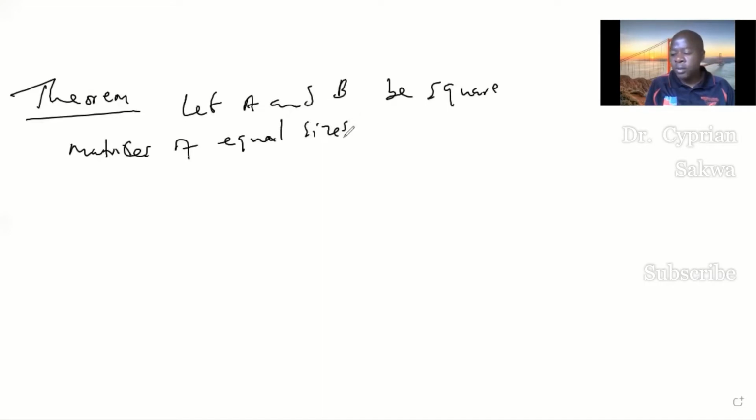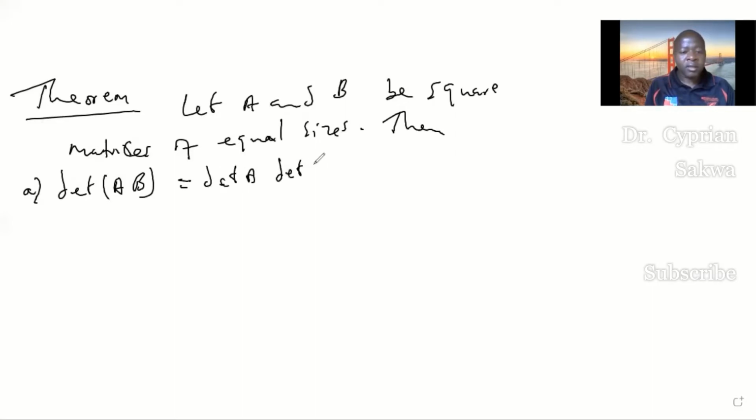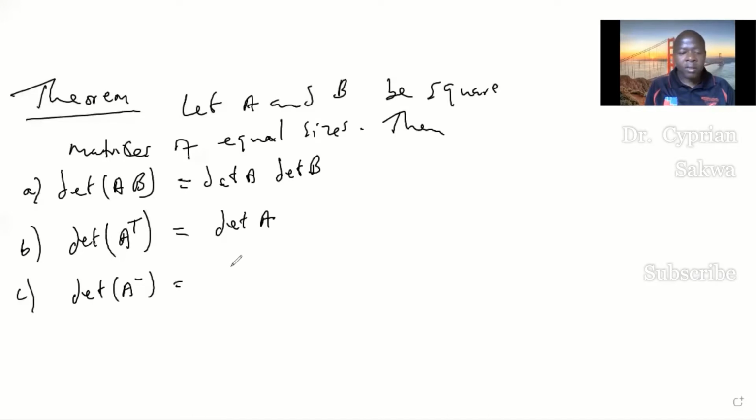Then, A, the determinant of A times B is the same as the determinant of A times the determinant of B. That is very important. B, the determinant of A transpose is the same as the determinant of A. And C, the determinant of the inverse of A will be the same as 1 over the determinant of A.